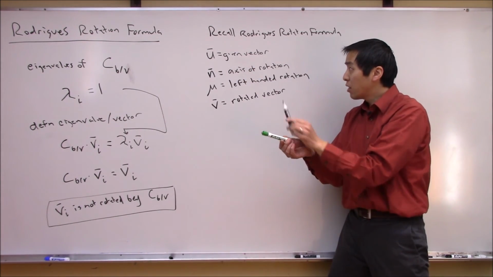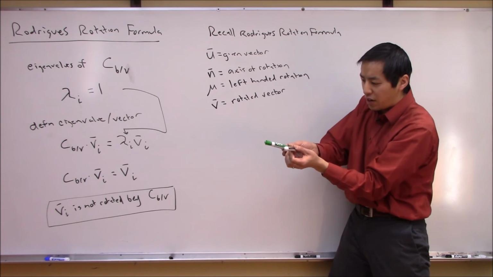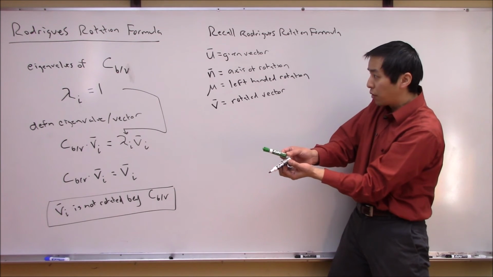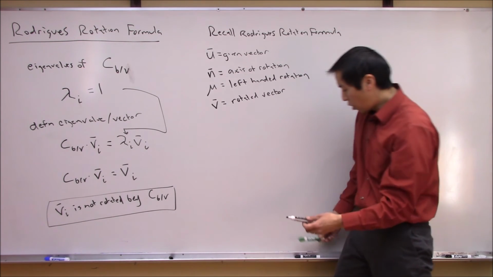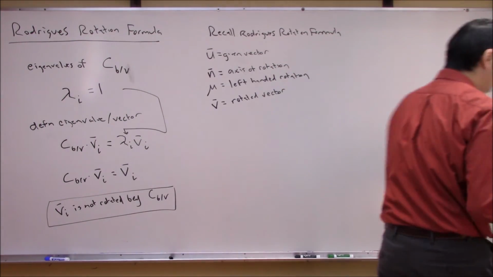The black pen here is this given vector u, and what I want to do is rotate it through a left-handed rotation mu to end up at this new vector v here. Okay, so let's first write out the Rodrigues rotation formula.